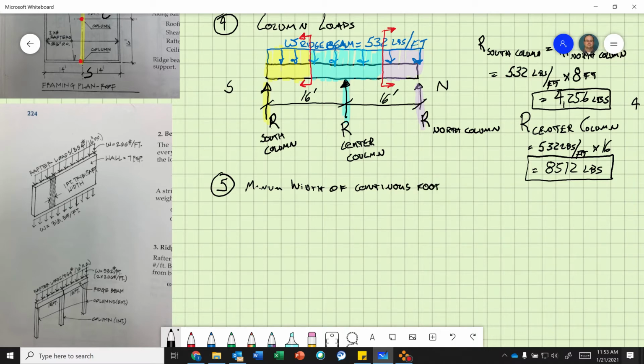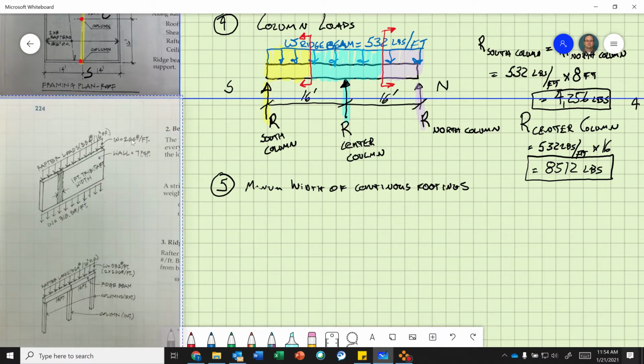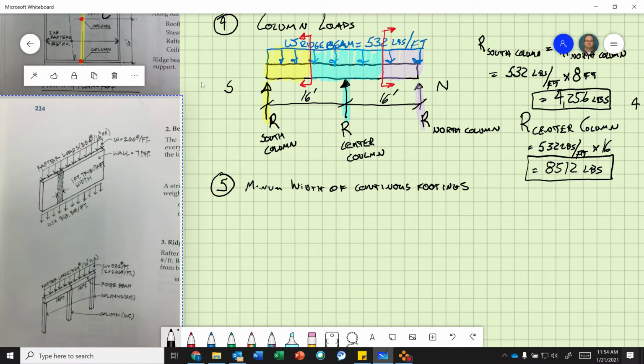Foundation footings, continuous footings, wall footings, interchangeable terms. Okay, all right. So we have our bearing wall. Let's see, we need to look at.